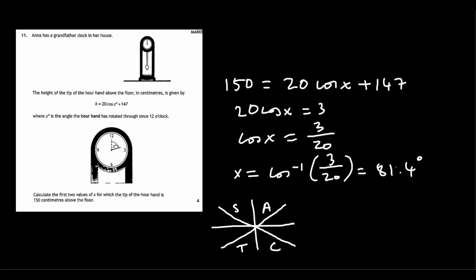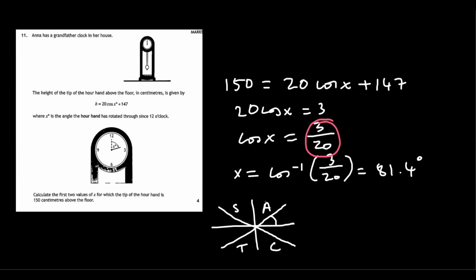And then we'll just find the second solution. So 81.4 would be in this quadrant. And then the equation is cos x equals 3 over 20. So that's a positive value of cos.